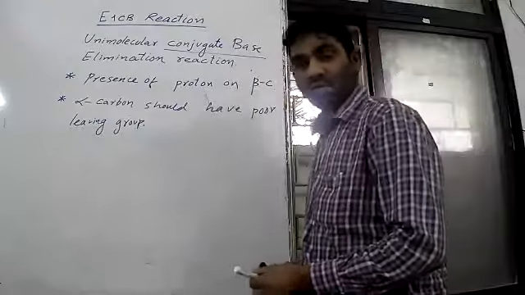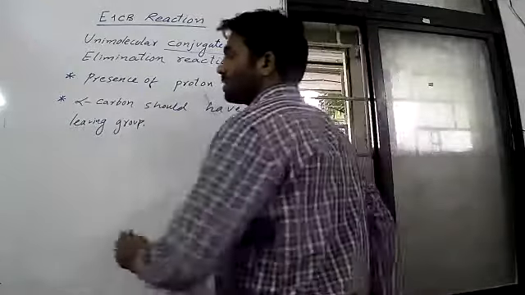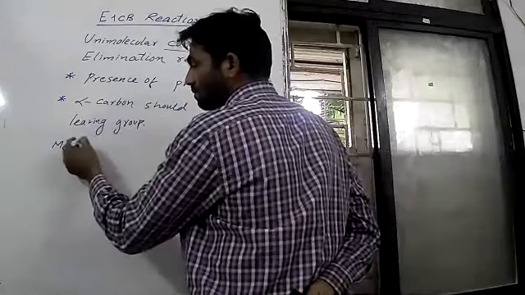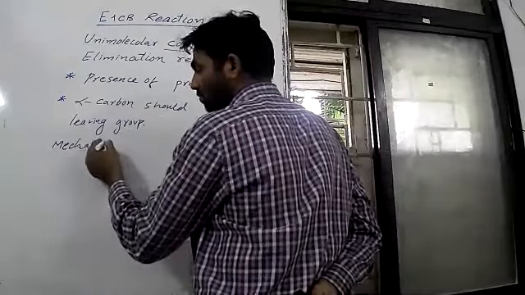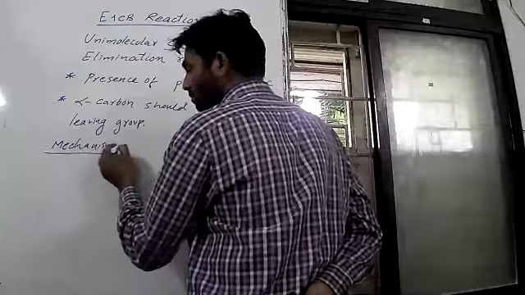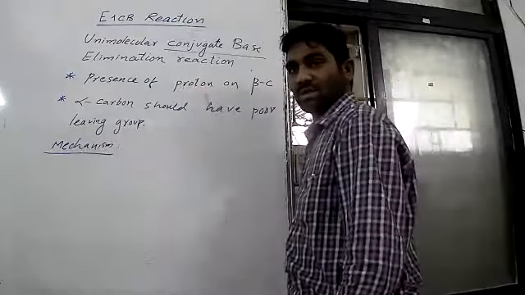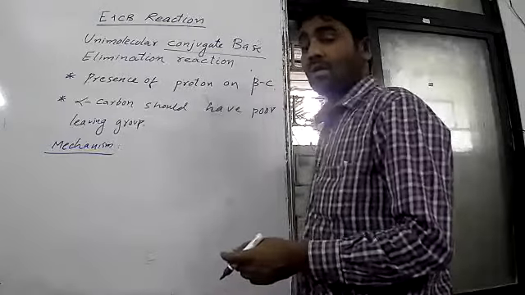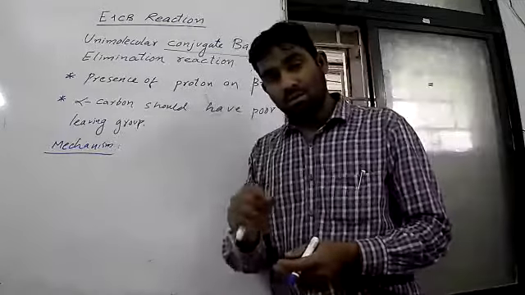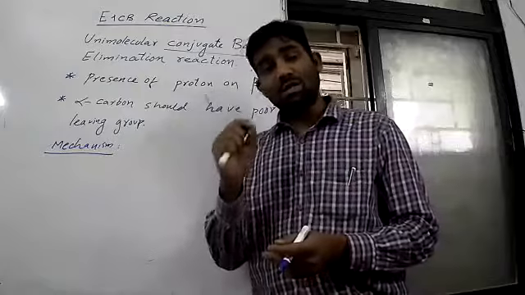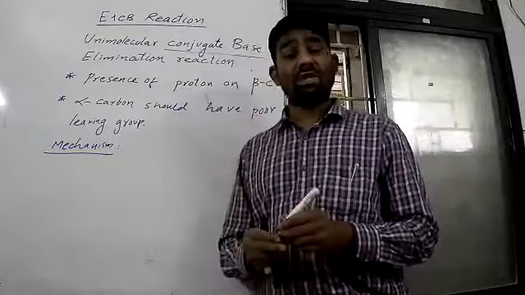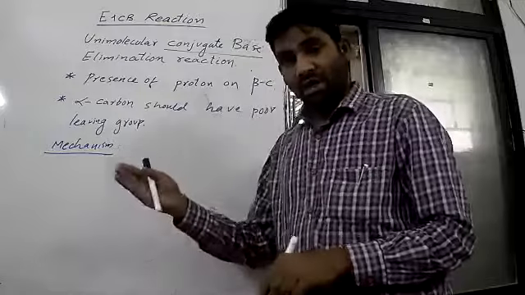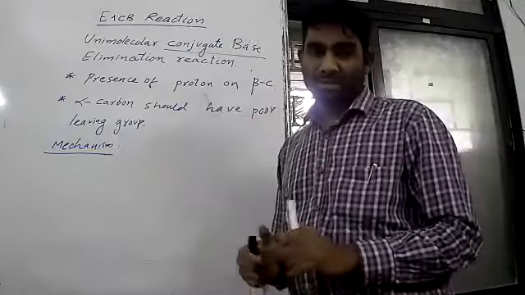If we talk about the mechanism for E1CB, what is the main point or the main intermediate which we can observe theoretically while writing the mechanism?